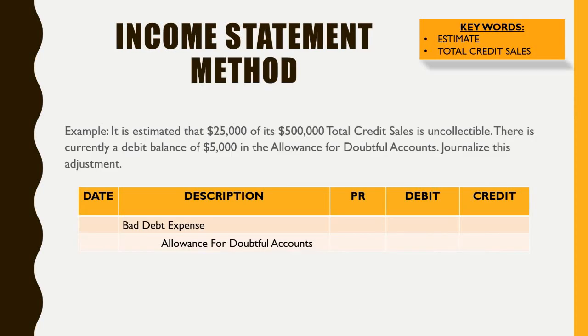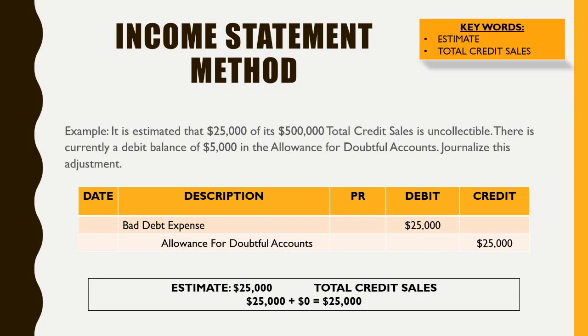Now, what does the income statement method do? Well, it's the easiest one, because all you need to do is recognize how much your estimate is. In this case, your estimated amount is 25,000, and that's all you have to do, because that's it. It's just 25,000. Why? Because you're using the income statement method.